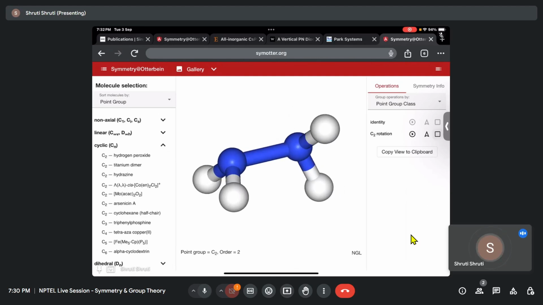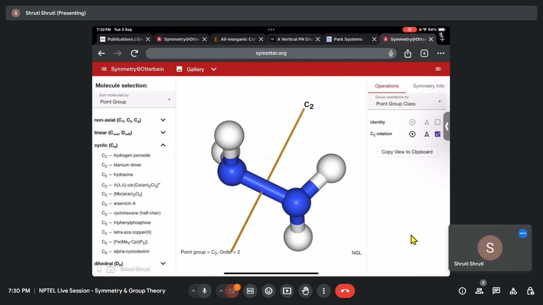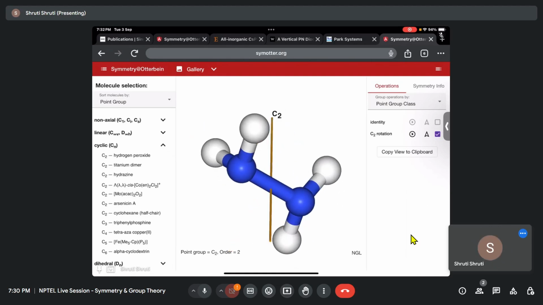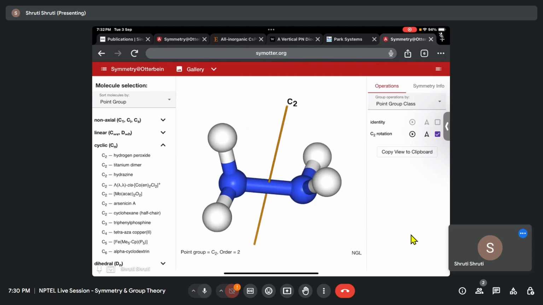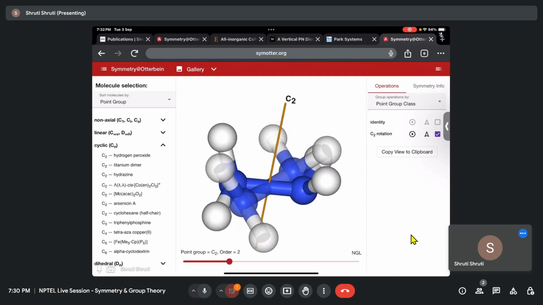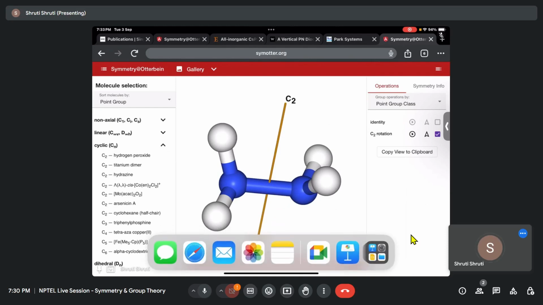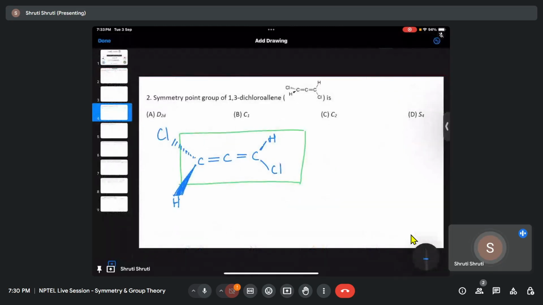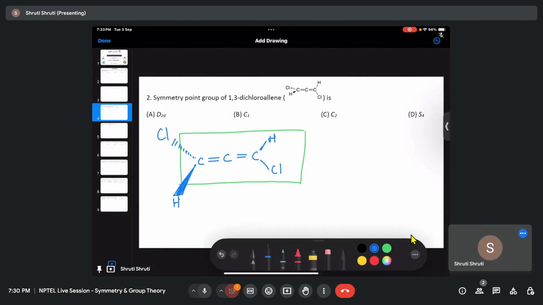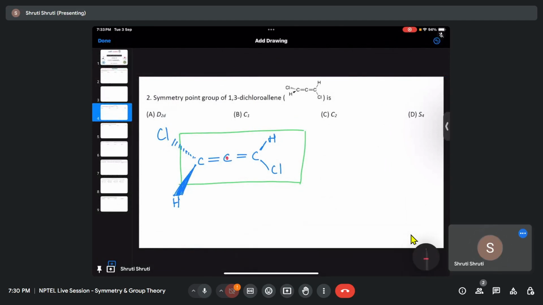Okay, so you see the C2 axis here. This is the C2 axis. Our system, 1,3-dichloroallene, is similar to that one, and we have the C2 axis passing through here.